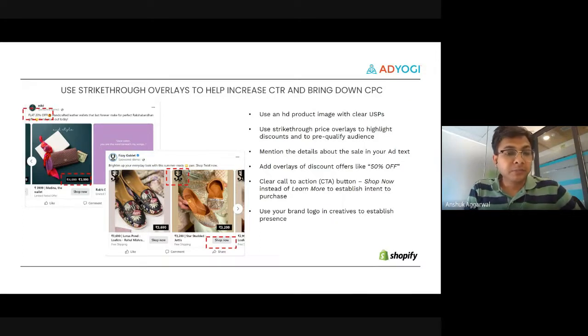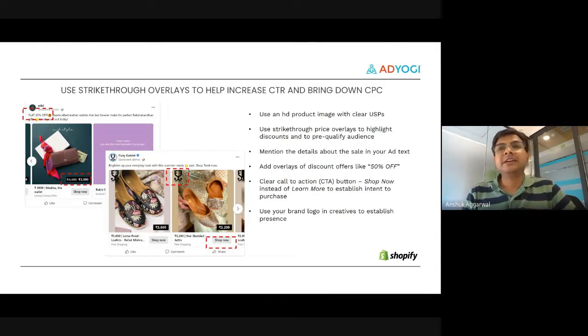As you can see, both the ad copies have some emoticons there. There are brands which have these tick marks, which have this hand signal. All these things help you catch the user attention and increase the CTR, or rather reduce the cost per click.